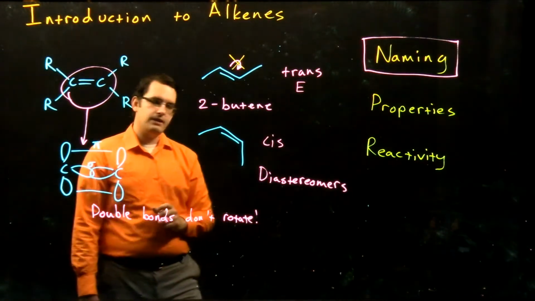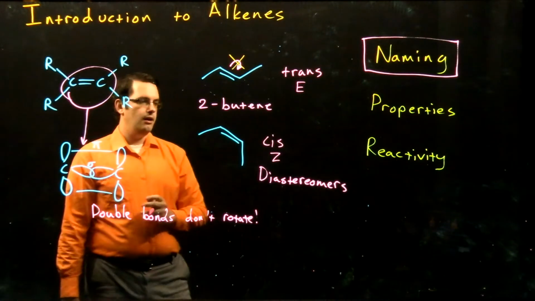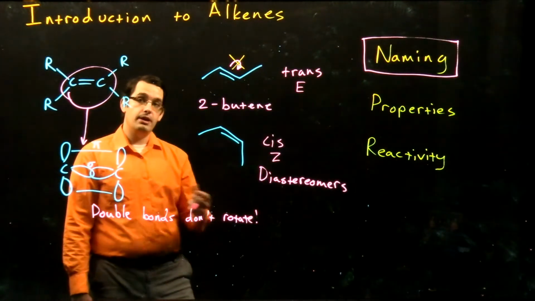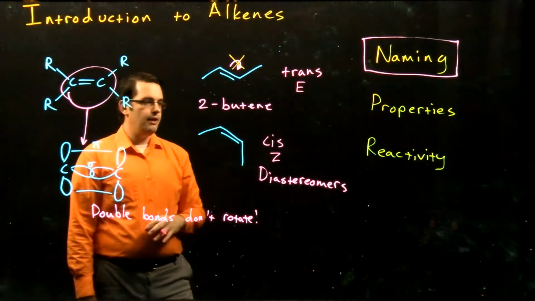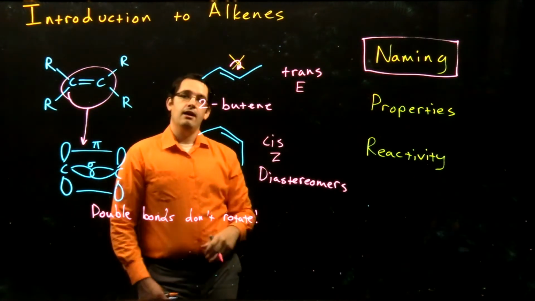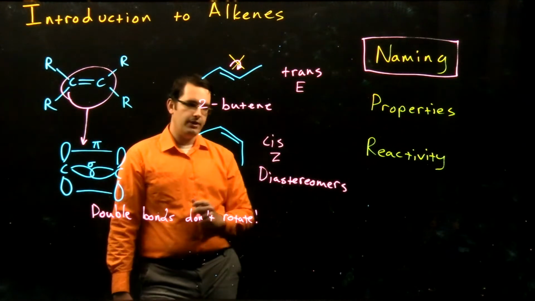And our cis diastereomers we refer to as Z diastereomers. This E and Z come from German names actually for whether it's on different sides or the same side. One easy way to remember this is that you can think of Z as indicating that they're on the same side of the alkene double bond.